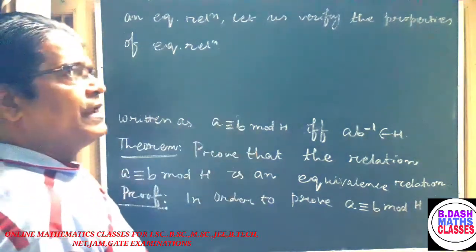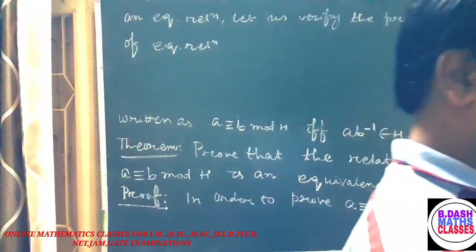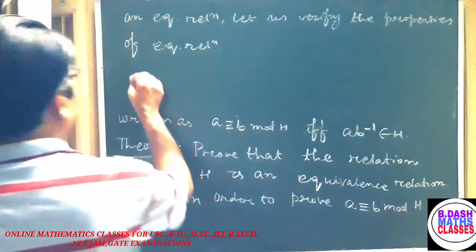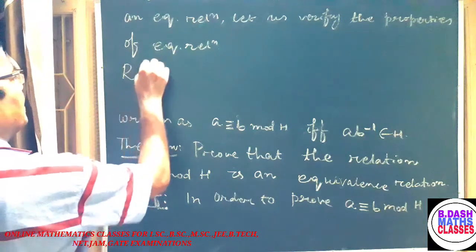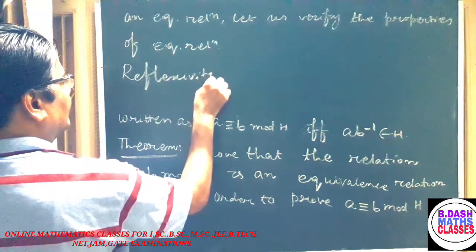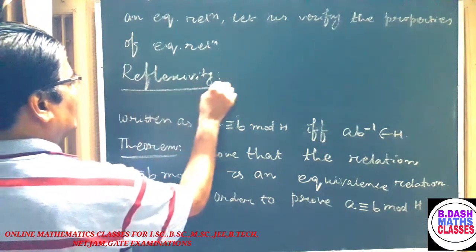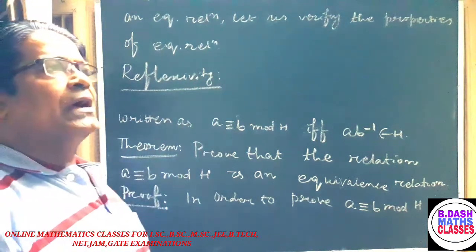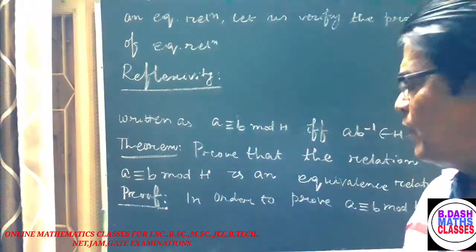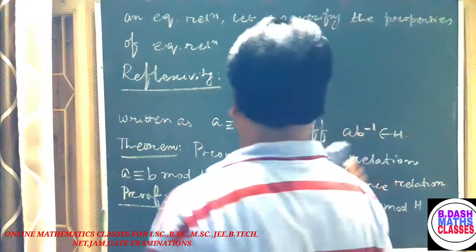So we have to verify the properties of an equivalence relation one by one. First, reflexivity. Here we have to show that a is related to a for all a belonging to G.